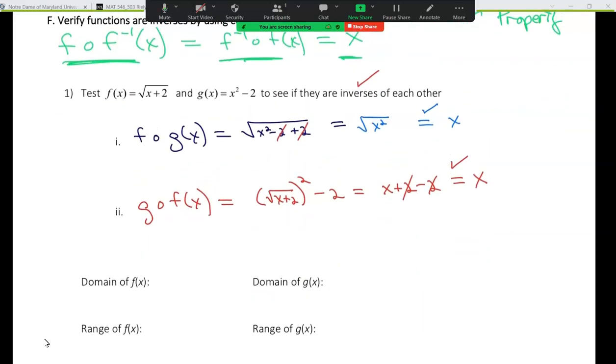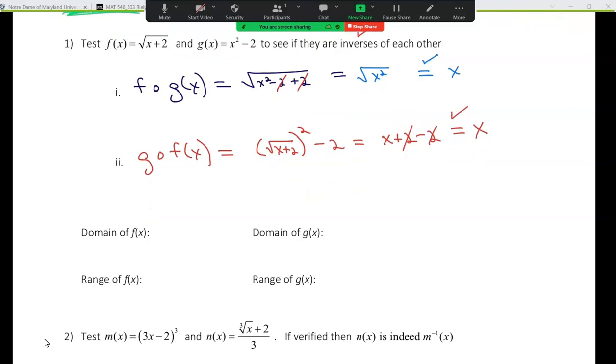So what about the domain and range? Well, look at the domain of that parent function f of x. Remember this is going to look like what? You've got to remember from your transformations. I'm going to go to the left 2, so that's going to be negative 2, and this is going to go like that. What's that domain going to be? It's going to be negative 2 to infinity. So that's the domain of f of x.